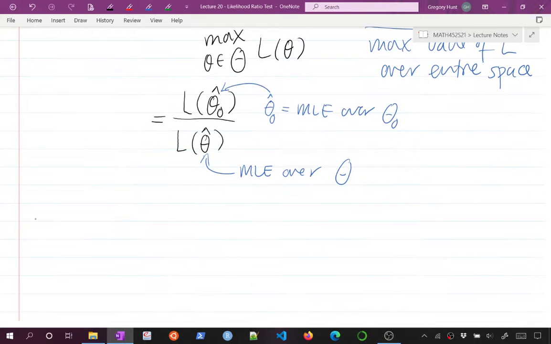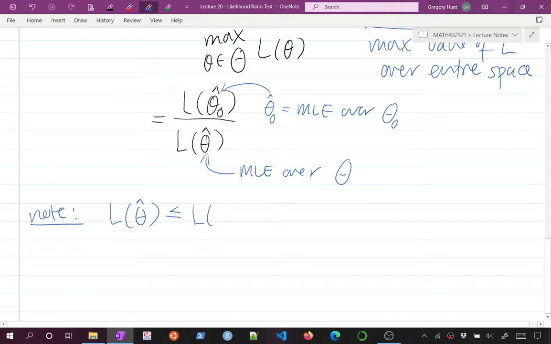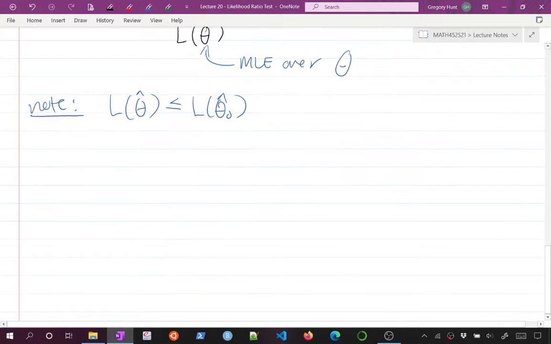So what this is telling us, let me back up real quick. Note that L of theta hat, the MLE over the whole space, must be bigger than L of theta naught hat. Let's draw an example picture.